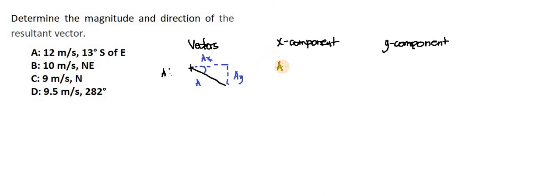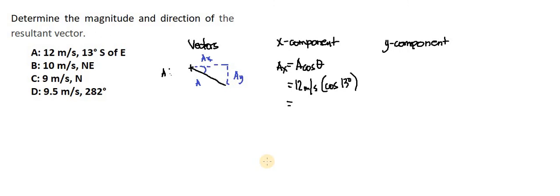Just simply A sub x is equal to A cosine of theta. Okay, substitute the value. We have here 12 meter per second, multiply by your cosine 13 degrees. Okay, compute natin sa calculator, 12 cosine of 13.